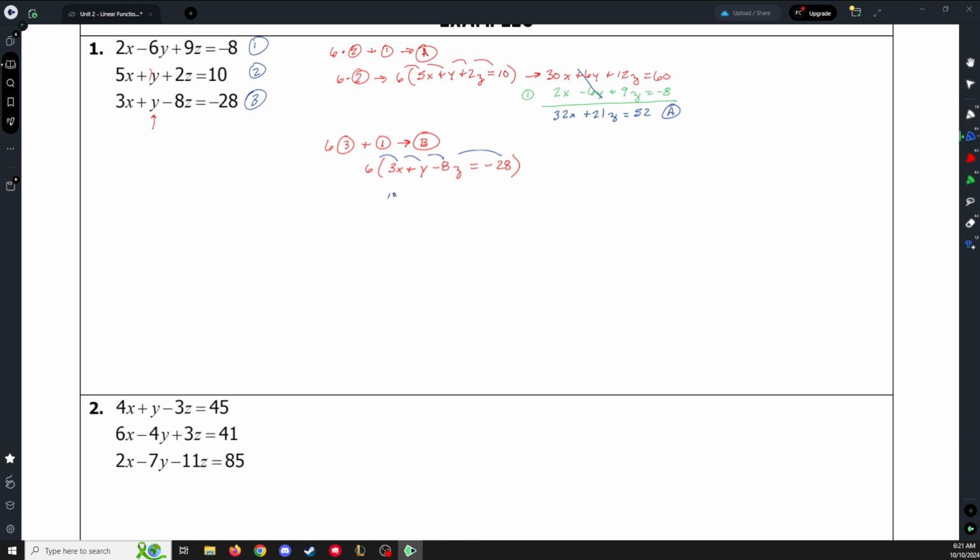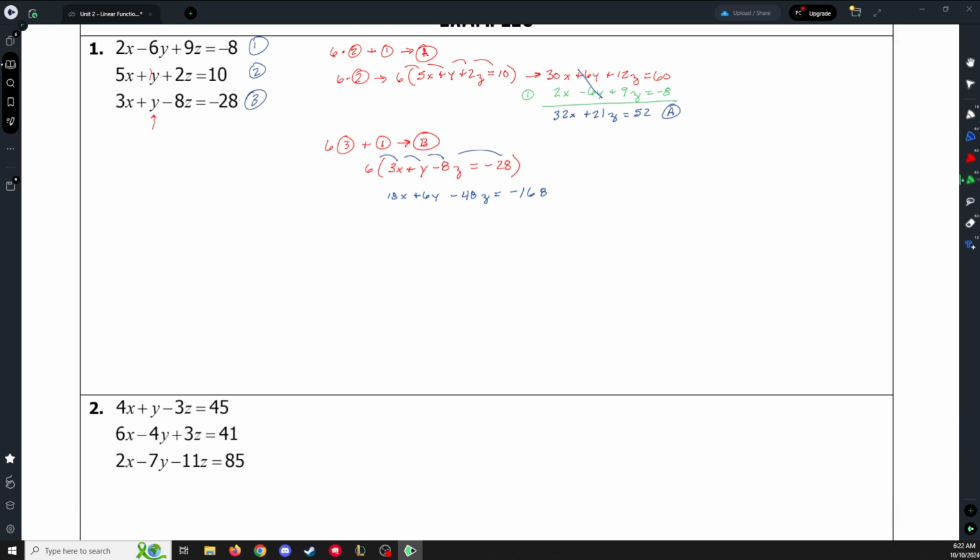This will give me 18x plus 6y minus 48z is equal to negative 168. 6 times 2 is 12, so it's 120. 6 times 8 is 48. 120 and 48 is 168. All right. Now drop number 1 below it.